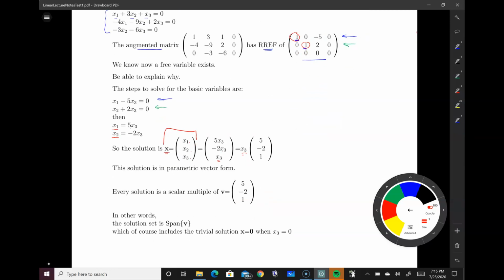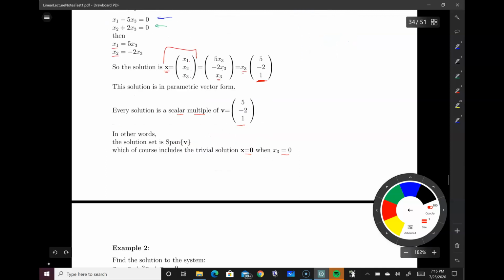Every solution is a scalar multiple of this vector here, because x3 can be any number. So we say the solution set is the span of this vector, which of course includes the trivial solution, x3 equaling 0, which gives us the zero vector.